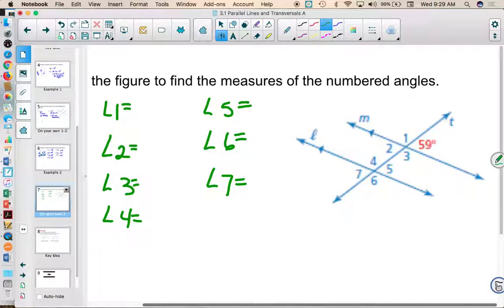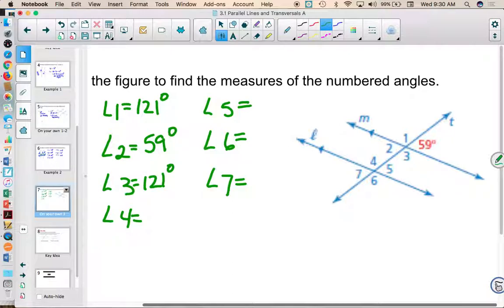All right, somebody help me out. What is the measurement of angle 1? Angle 1, Lily. 121. Good. What's angle 2? Austin, what's angle 2? Angle 2 is 59. Good. What's angle 3, Bryn? 121.